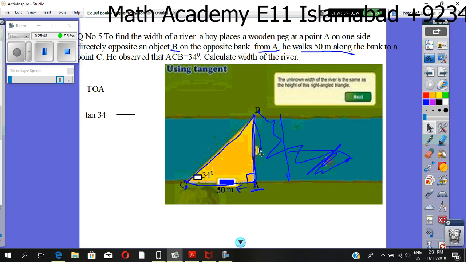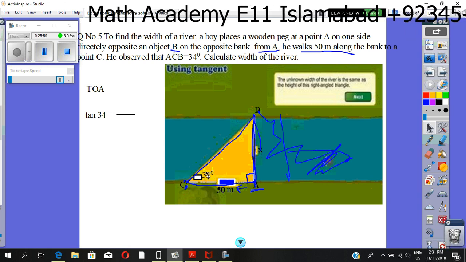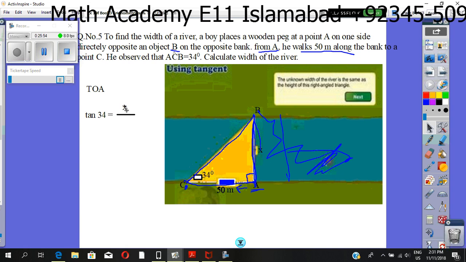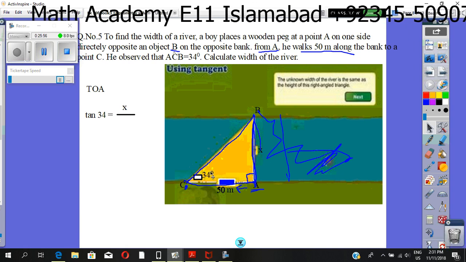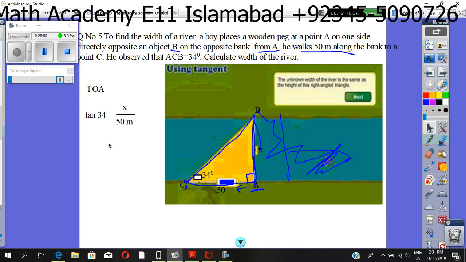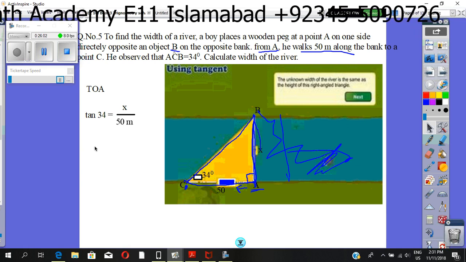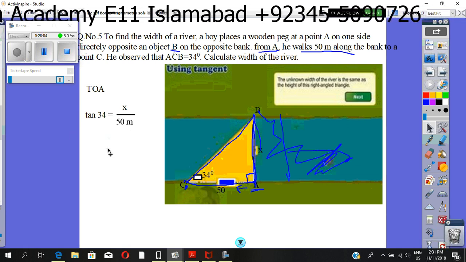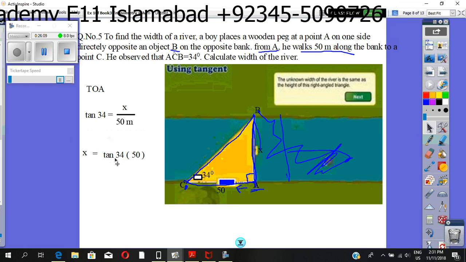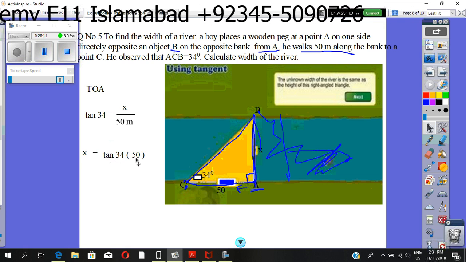Opposite the 34 angle is x, and adjacent is the 50. Then we apply the ratios. Cross multiplication: x equals tan 34 times 50.